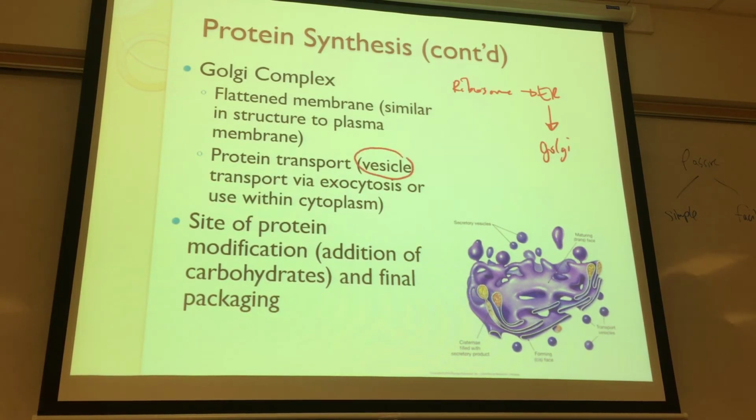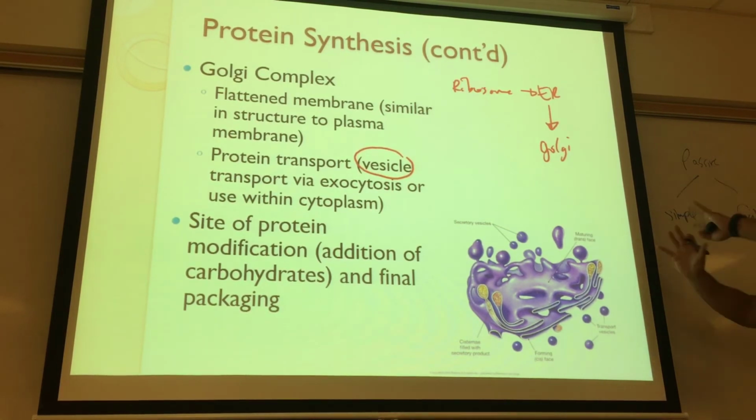So this is where if the ribosome is making the protein, the endoplasmic reticulum is assembling it and putting it together, the Golgi apparatus is, for all intents and purposes, just wrapping that package together. So it's that final wrapping to make its way to the cell membrane.